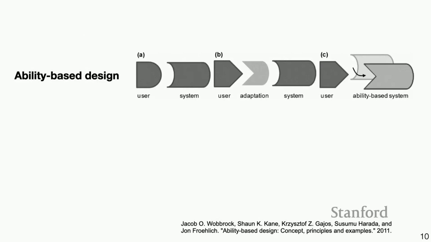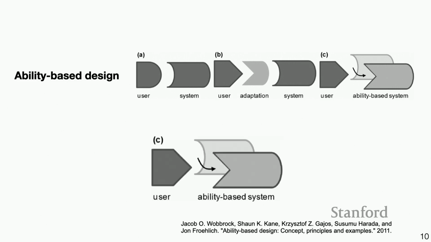So to address this, one framework is ability-based design. Some of you might be familiar with this. So ability-based design, the goal is to design things to accommodate the user's ability. So the system that we call an ability-based system can adapt based on the user, right?